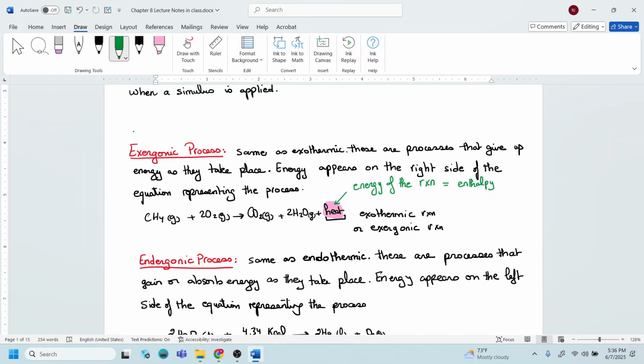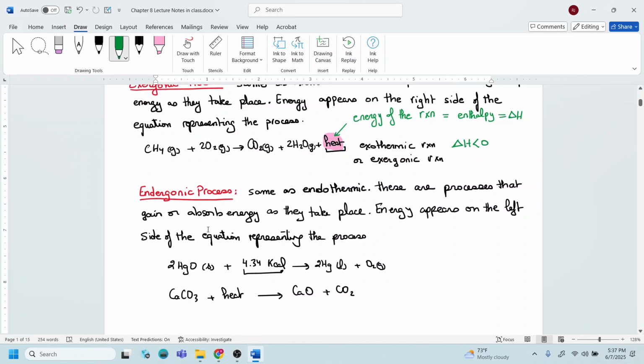So that is equal to delta H. This is the enthalpy of the reaction. So when we say an exothermic reaction, this means that the enthalpy of the reaction is negative. It's the same thing as exergonic reaction. You can easily see that the heat is going to be shown in the product. This means that the system releases heat.